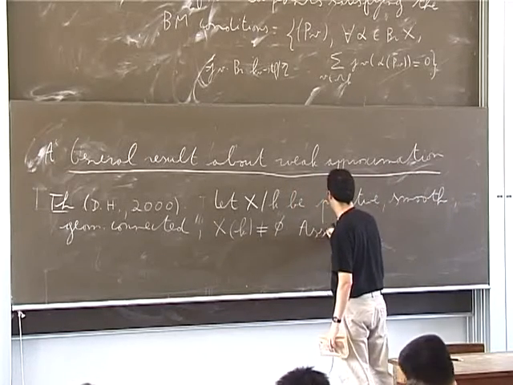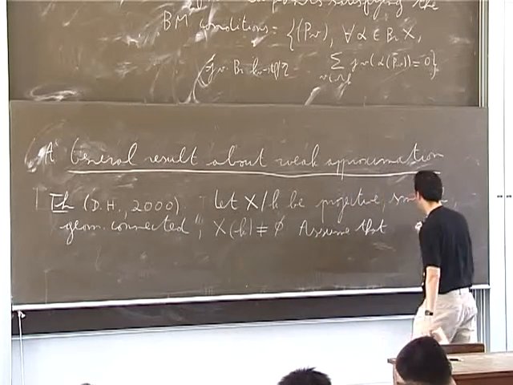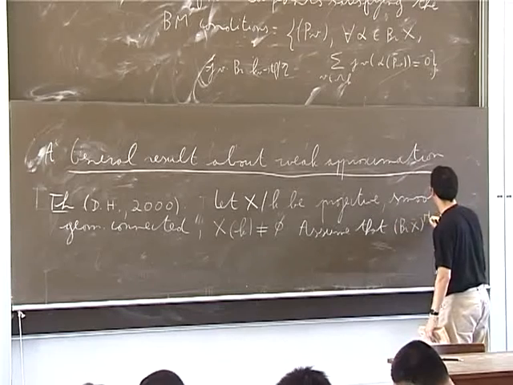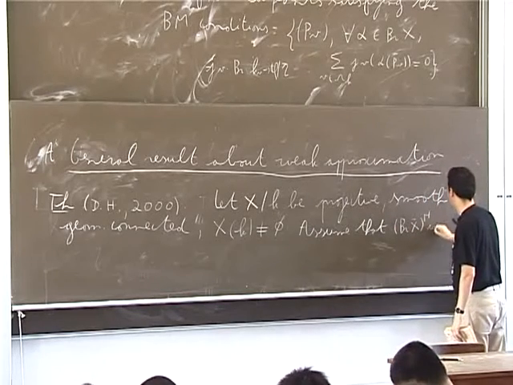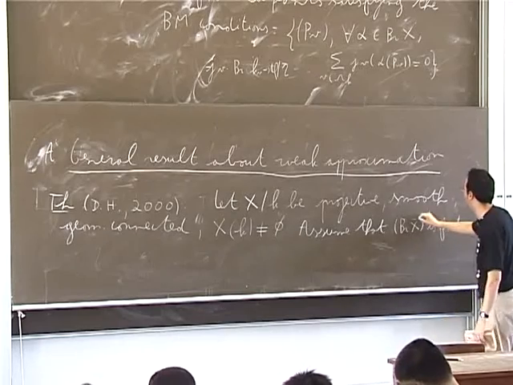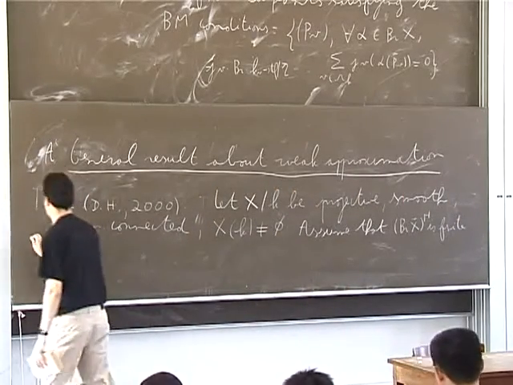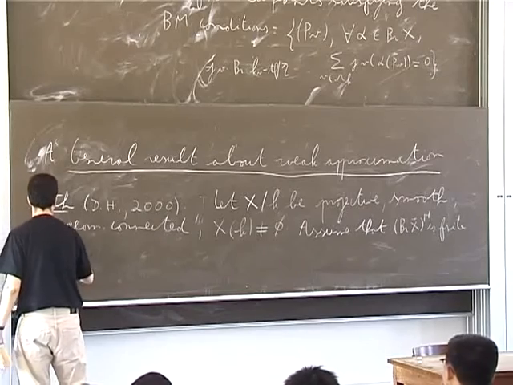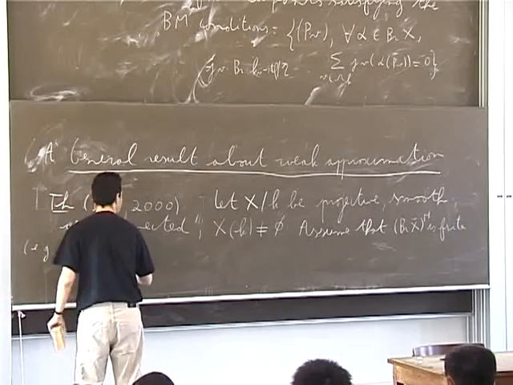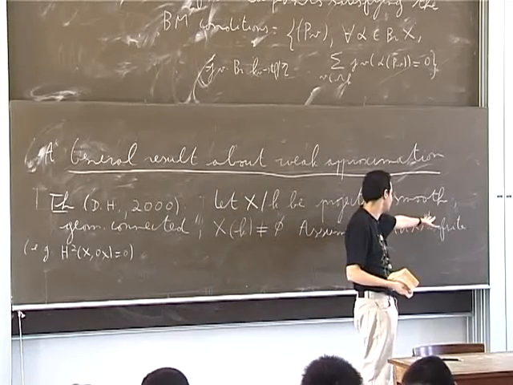Assume that, well, let's say the Galois invariant part of the Brauer group of X bar is finite. So gamma is the Galois group, and X bar is X over k bar. So for example, this is satisfied if H2 of X, O_X is 0. Well, probably you could prove this in general if you assume some conjectures by Tate.